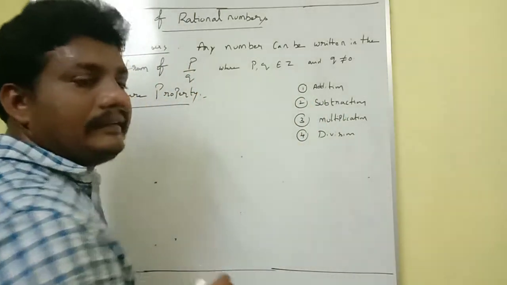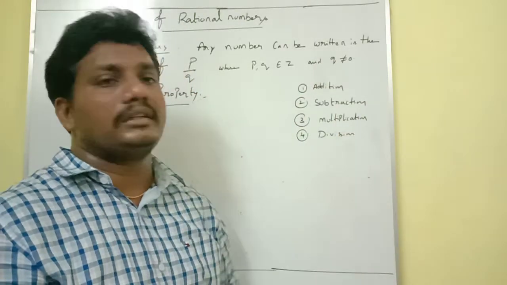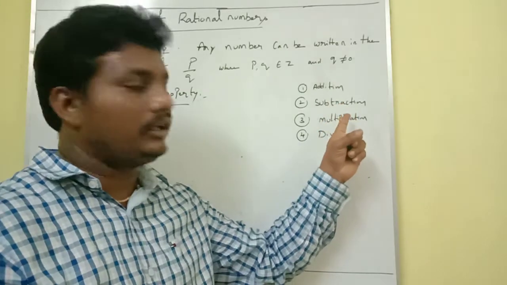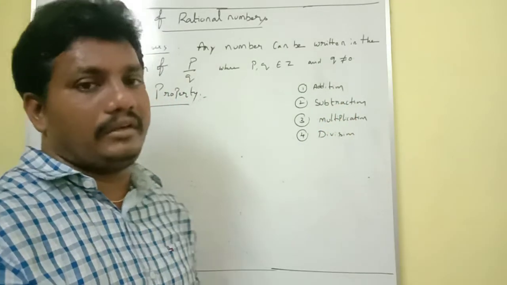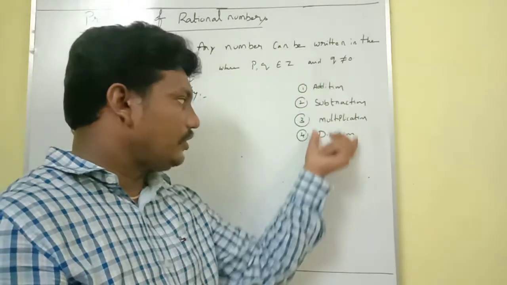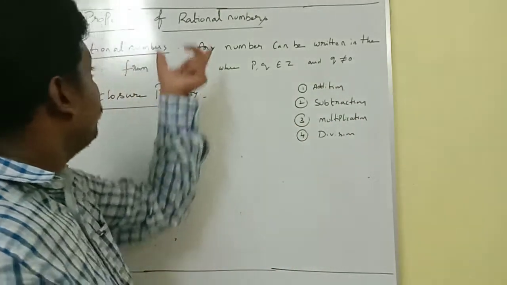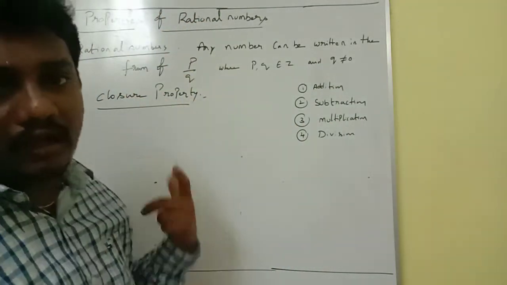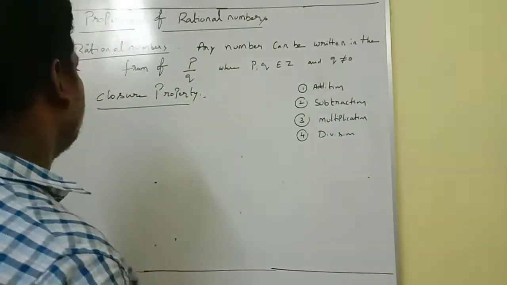In these four operations, we are going to check whether the rational numbers are closed or not. Let us see first.